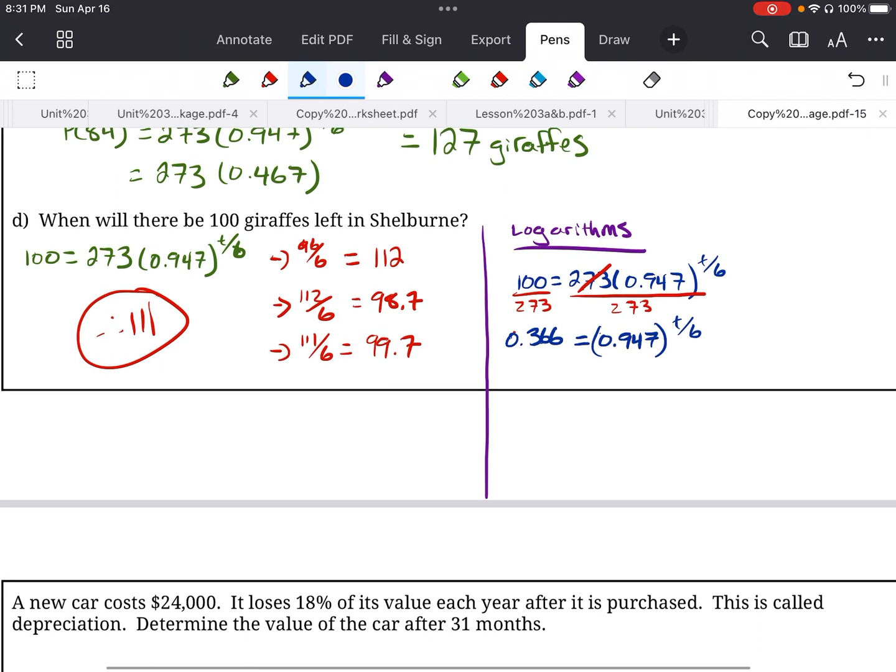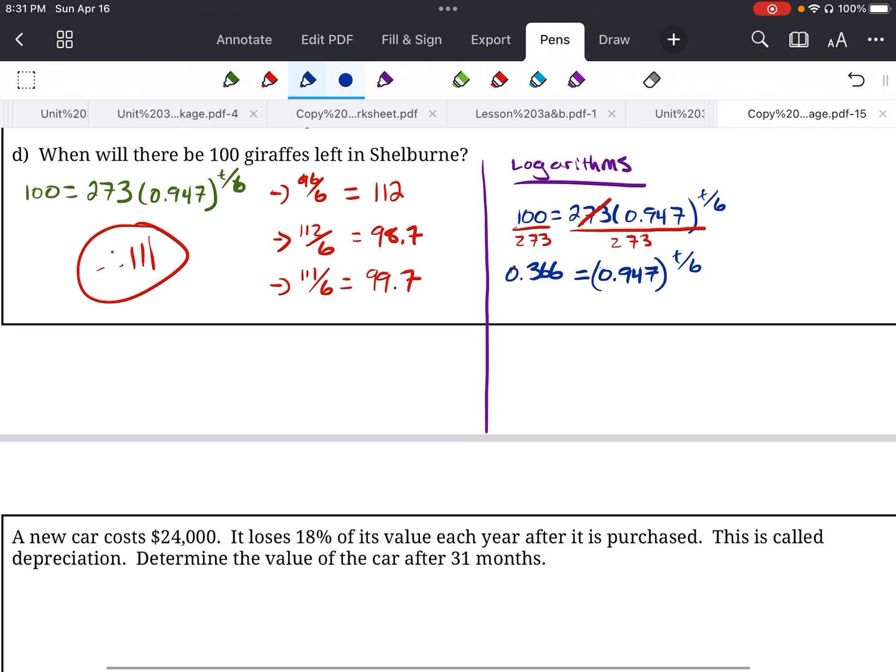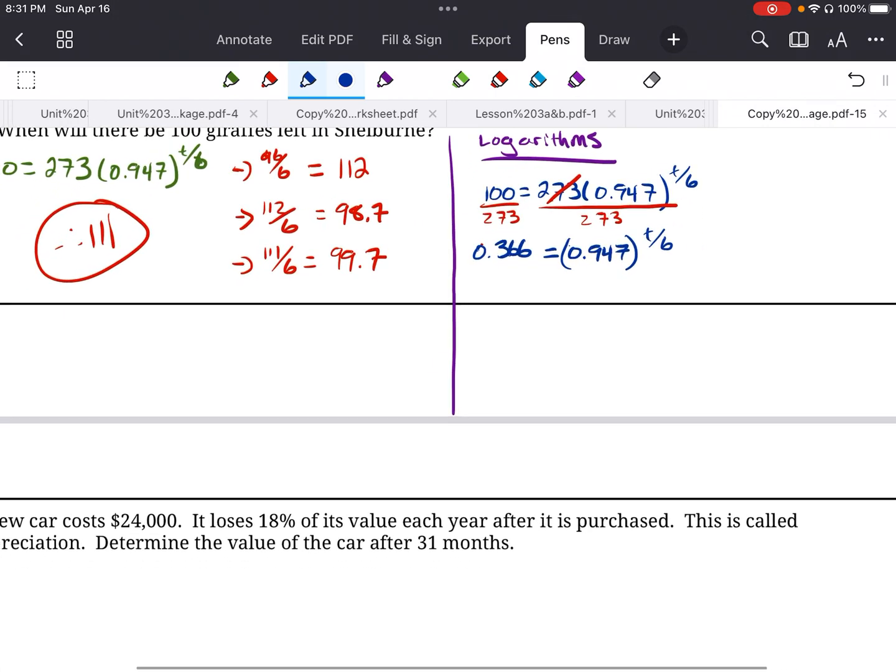Okay, this is good. Now we have one singular number on the left of the equal sign, one singular base with the exponent on the right. So to do logarithms, we're looking for our exponent. You're going to do the log of 0.366 divided by the log of 0.947. If you're on your iPhone, the log is the button that says log 10 when your iPhone is sideways.